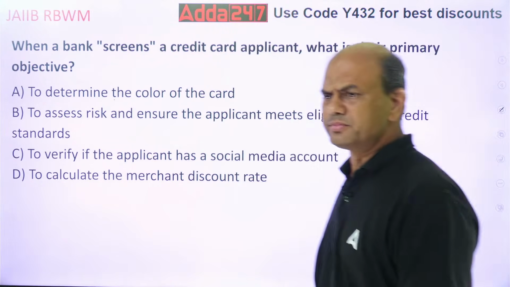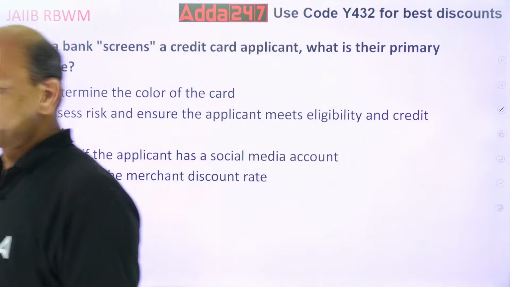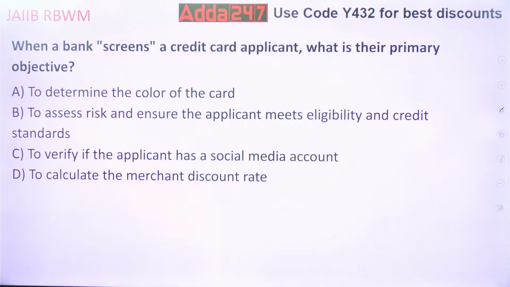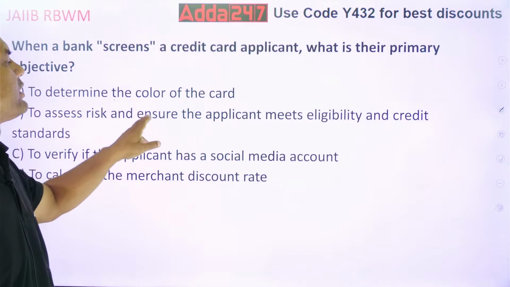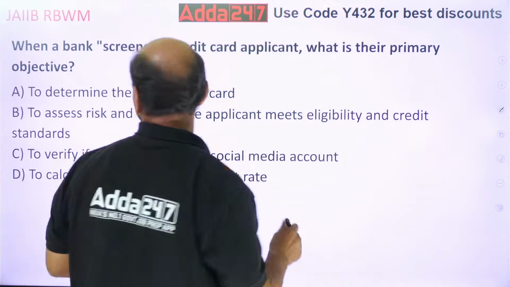So, what is the answer? B, correct? To assess the risk and ensure the applicant meets eligibility and credit standards.